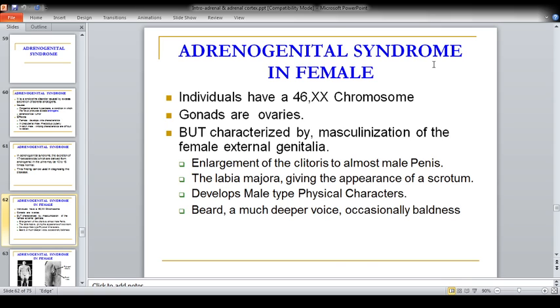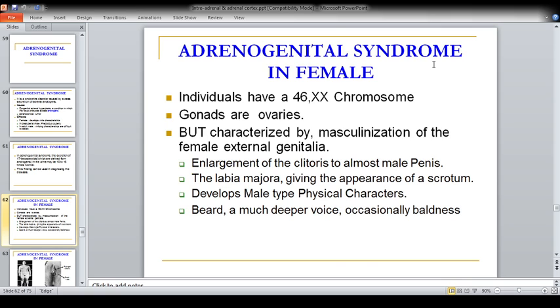As I've told you, there are 46 chromosomes in the normal person. 23 come from the male parent, whereas 23 come from the female parent. These combine together to make 46 chromosomes. Now in females normally it is 46XX, and in males it is 46XY.